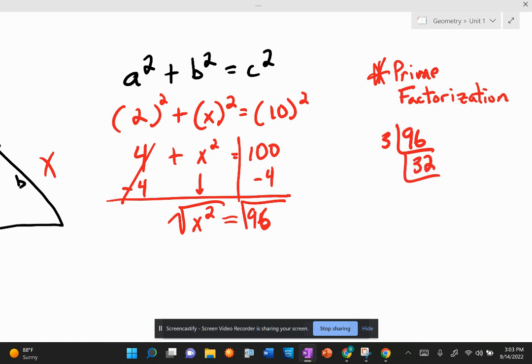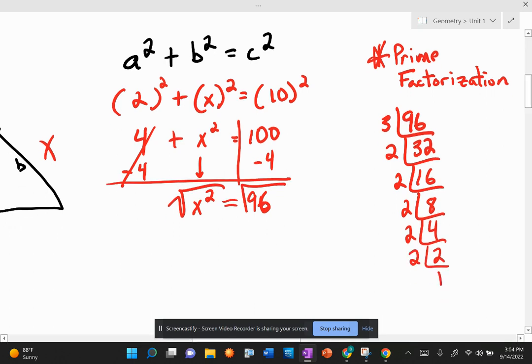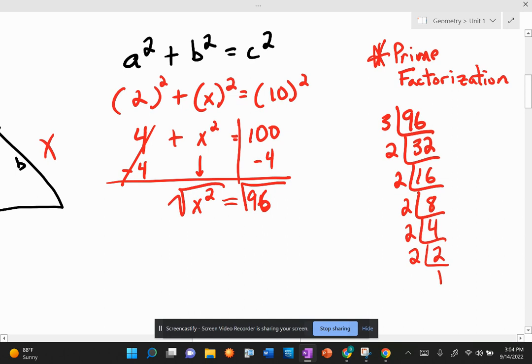Thank you. What's a prime number we can divide 32 by? 2. What's a prime number we can divide 16 by? 2. That is a lot of 2s.